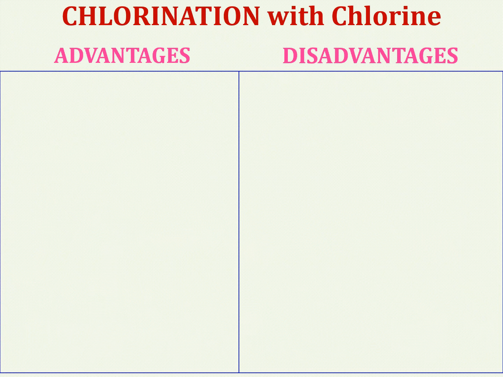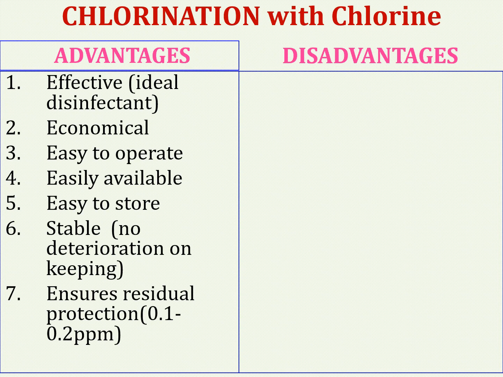Now let's compare the advantages as well as disadvantages when chlorine is used as the disinfectant. Considering the advantages, it's highly effective, economical, easy to operate, easily available, and easy to store because it's stable, with no deterioration even on keeping.